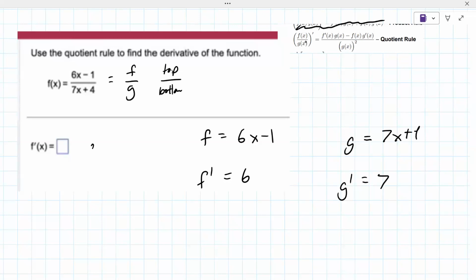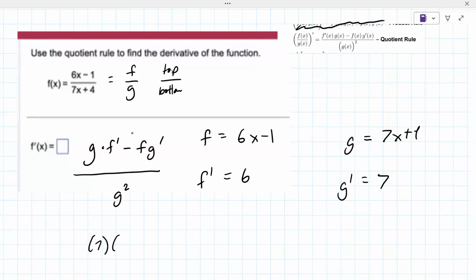Now, the formula's bottom times the derivative of the top minus the top times the derivative of the bottom over the bottom squared. Okay. So it's kind of the product rule again, but it's not exactly. The order definitely matters here. So it's 7 on the top, 6x minus 1. Nope, that's completely wrong.